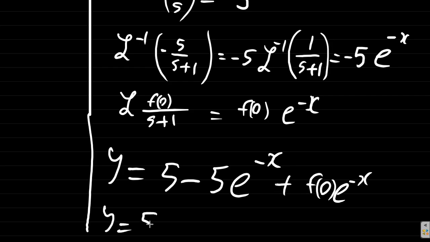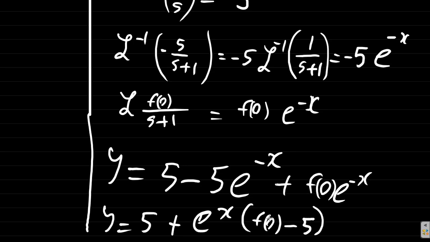So we have y equals 5 plus e to the negative x, and then inside the bracket, we have negative 5 plus f of 0. All right?